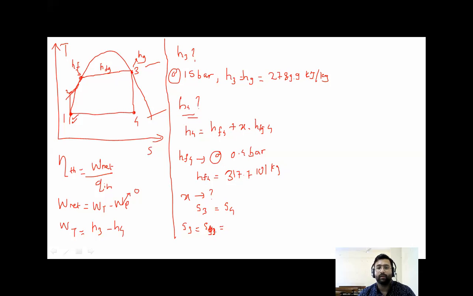So calculate Sg3. At 15 bar, go to the entropy table and search for Sg, the entropy of dry saturated steam.